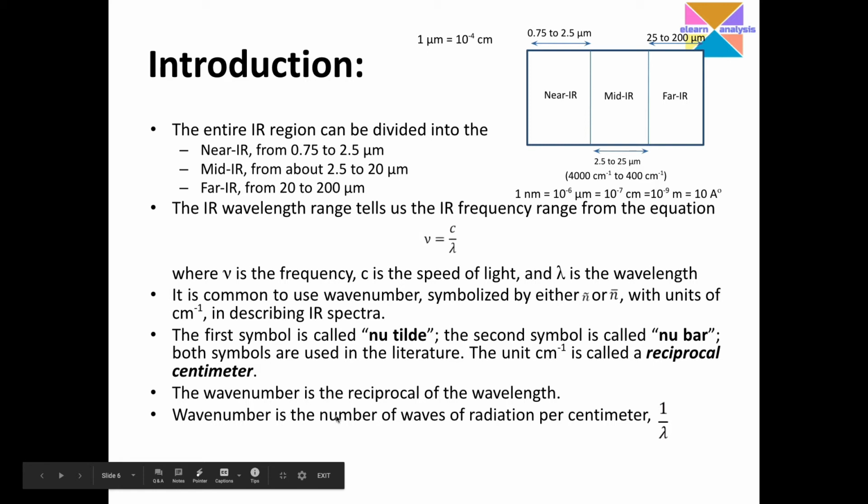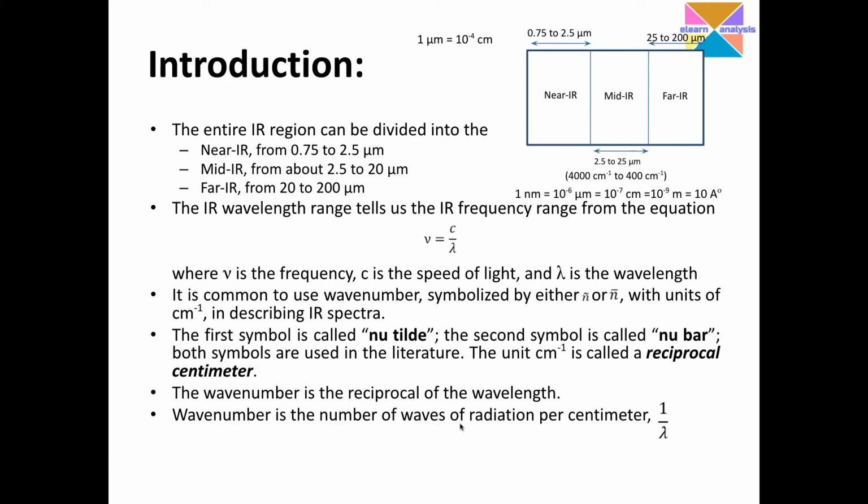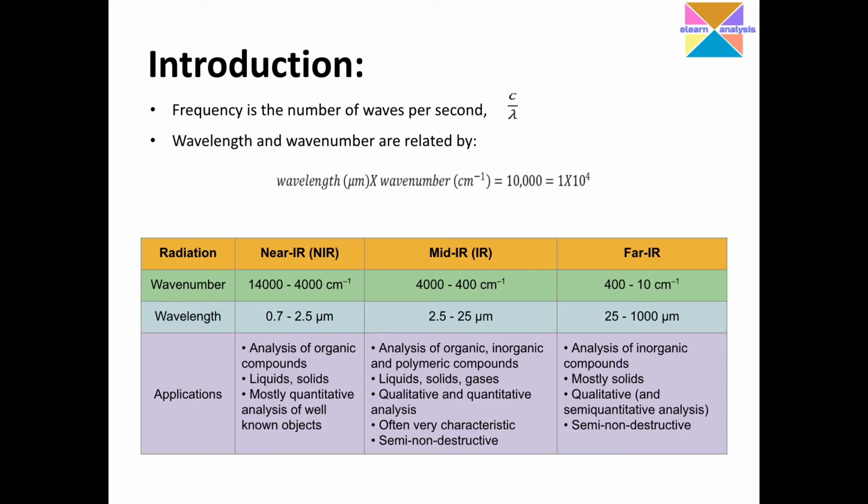So the wave number is the number of waves of radiation per centimeter, which was already discussed in visible spectroscopy. The frequency is the number of waves per second, which we also know, and you can interchange the wavelength and wave number by this particular equation, where wavelength in micrometer times wave number, in centimeter inverse, is equal to 10,000, or 1 times 10 to the power 4.